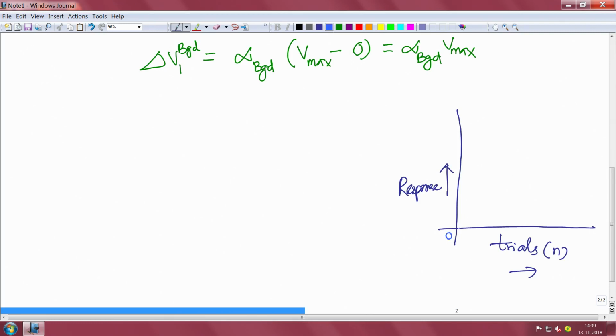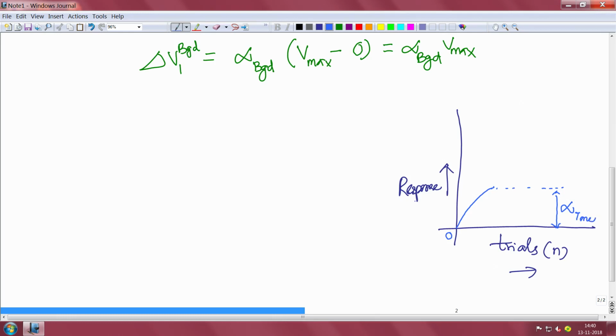The blue represents the CS responses elicited by the CS alone, and the dark green would represent the response that is elicited by the background. So, you would see that this would have gone up by that much, where this is our alpha tone.